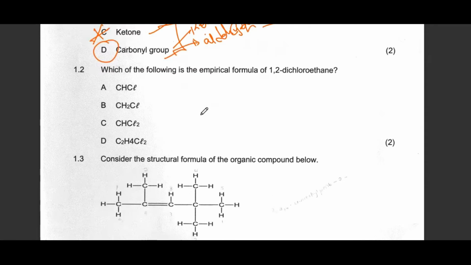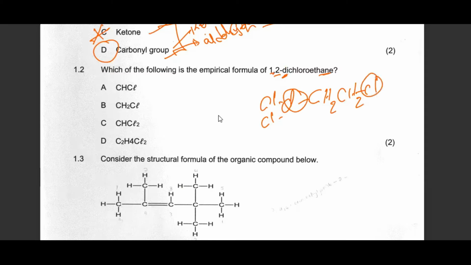Then they're saying, which one of the following is an empirical formula of 1,2-dichloroethane. So I expect two chlorides somewhere. If this is ethane, I expect a chloride that side and a chloride that side, on carbon atom number 1 and carbon atom number 2.